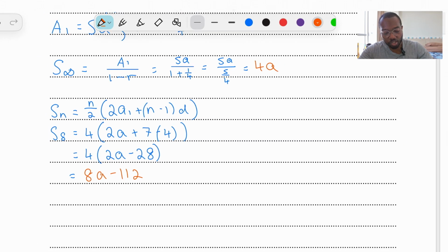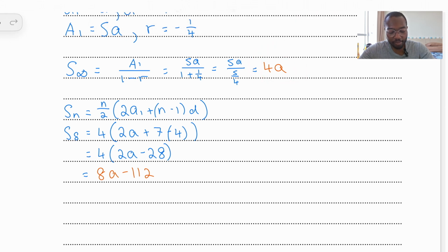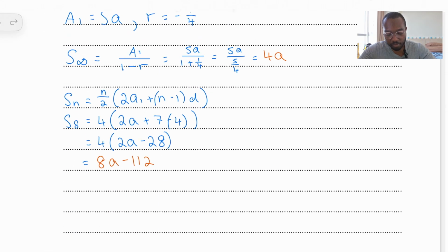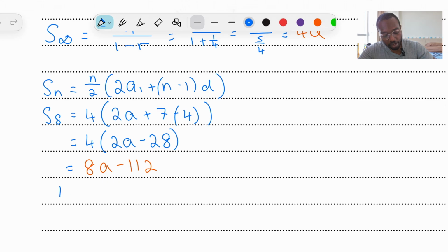So now we've worked out the sum to infinity of the geometric progression, which was 4a, and the sum of the first 8 terms of the arithmetic progression was 8a minus 112. They tell us in the question that the sum to infinity is equal to the sum of the first 8 terms. Therefore, we know that 4a must equal 8a minus 112.